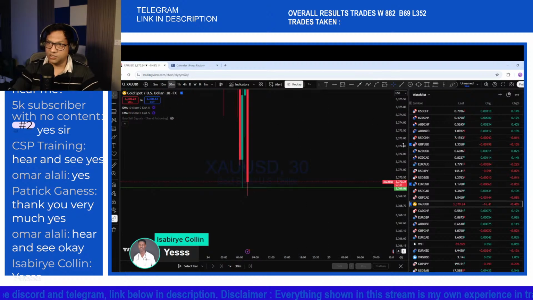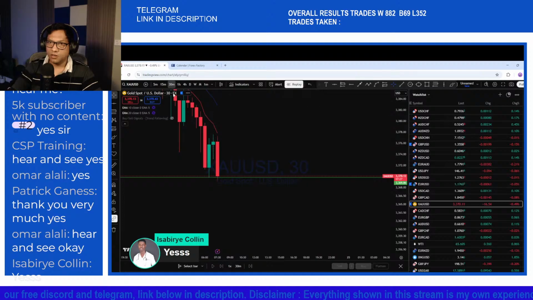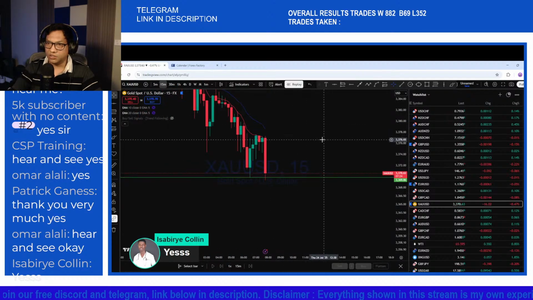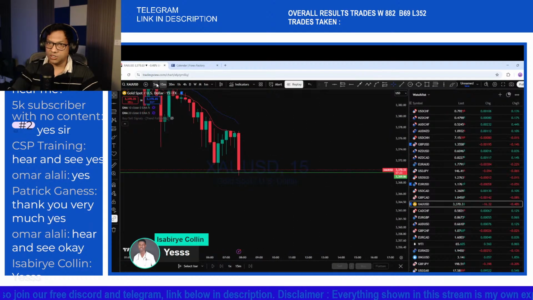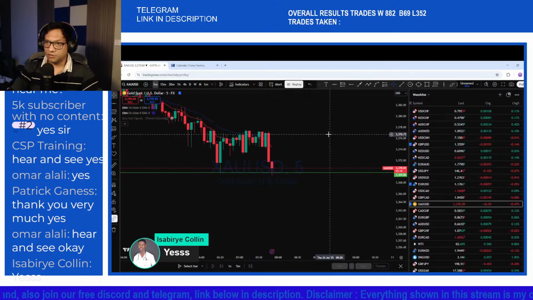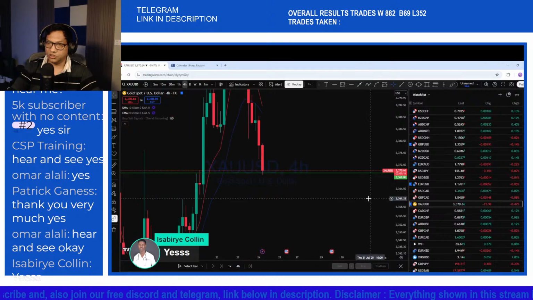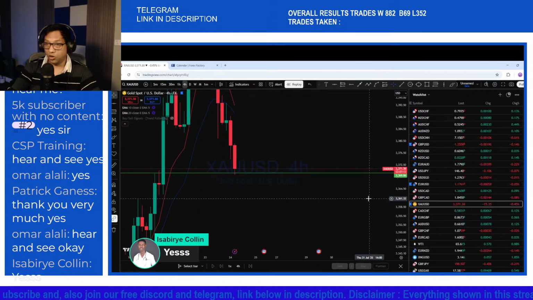So you can see the price is maintaining that downtrending market structure on the 15 minutes as well, and especially the 4 hour, which is a strongly falling market.